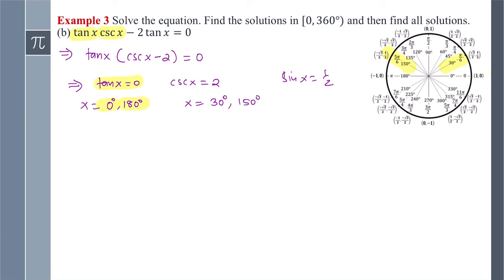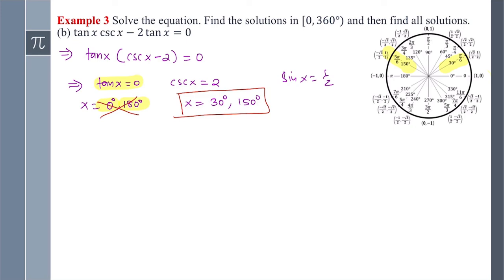That means these values do not work for this equation, because cosecant is not defined at those values. We cannot take those as solutions. The only solutions are these, because they work for the equation. We can have a value for tangent and cosecant at 30 degrees and 150 degrees.